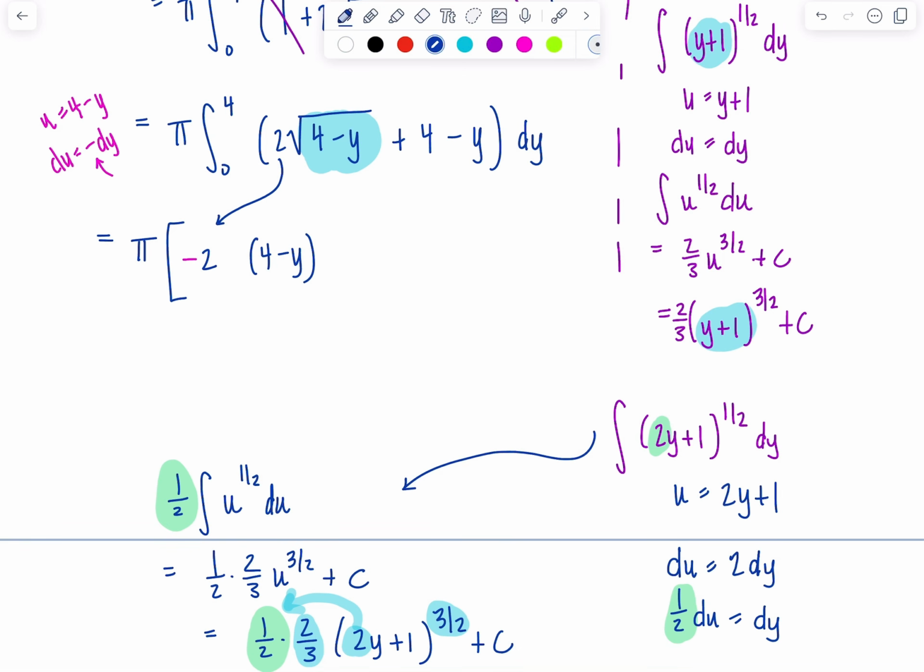So add 1 to the exponent, divide by the new exponent. Done. That's it. Plus antiderivative of 4y, minus antiderivative of y, 1/2 y squared. And we'll evaluate this from 0 to 4.